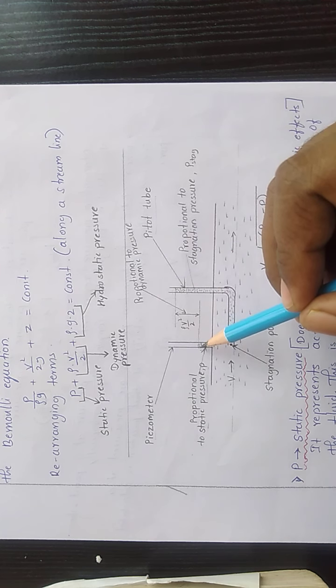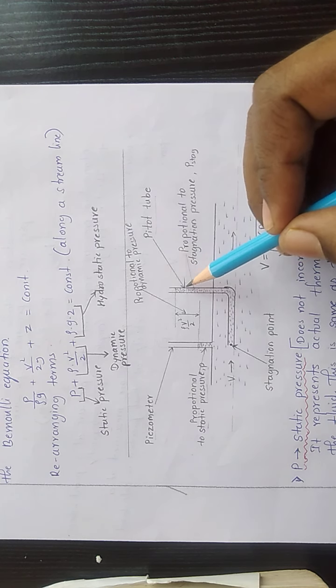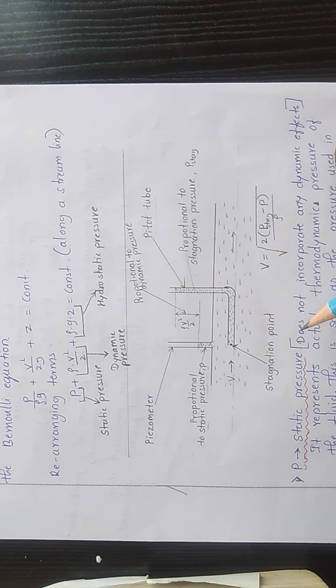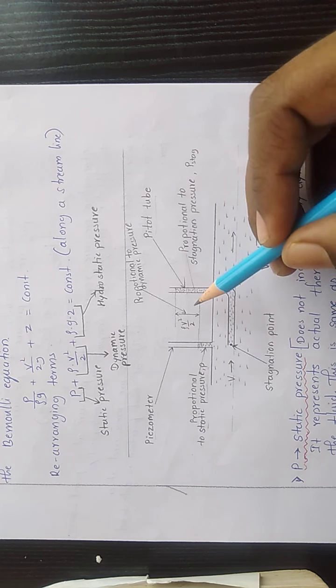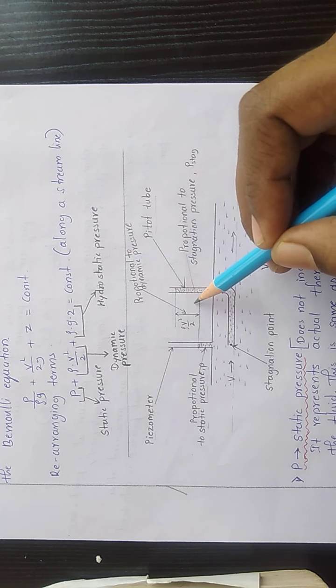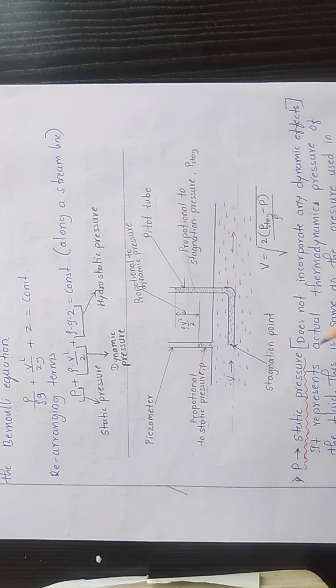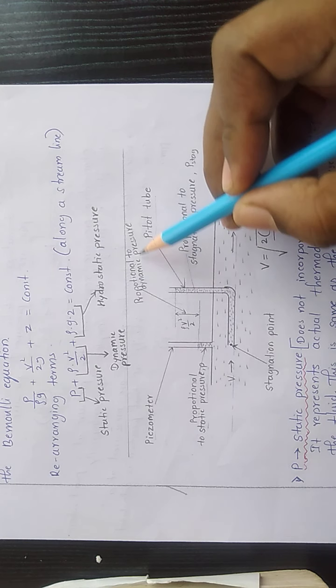You can look here, this is the rise in level of the fluid in the piezometer, whereas this is the rise in level of the fluid in the pitot tube. They were supposed to be the same, right? But you don't see that. There is a difference of this much head. This difference is nothing but the dynamic pressure.